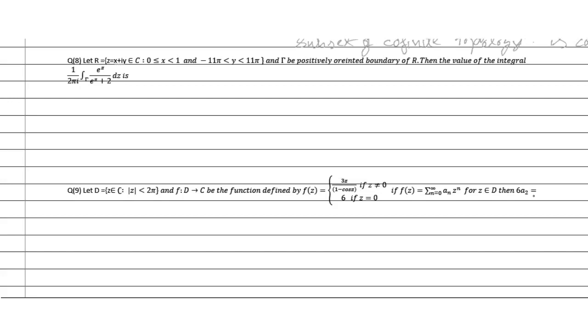Next problem is, friends, a very nice problem. This problem is based on the argument principle. Now I have to draw: this is the y axis, this is y dash, this is x, and this is x dash.